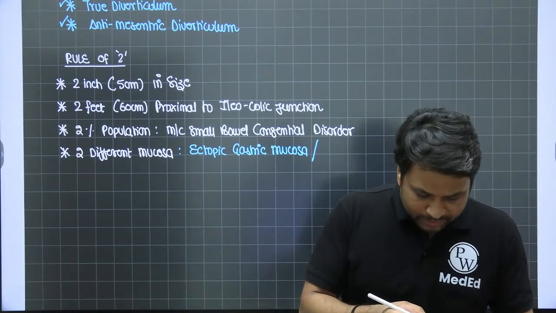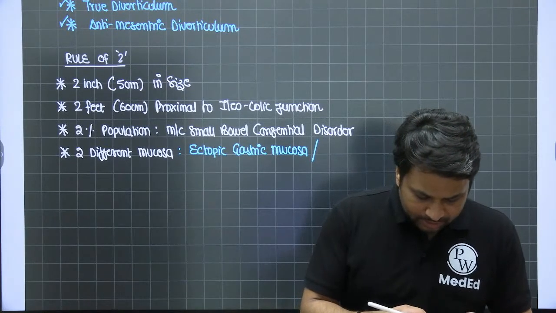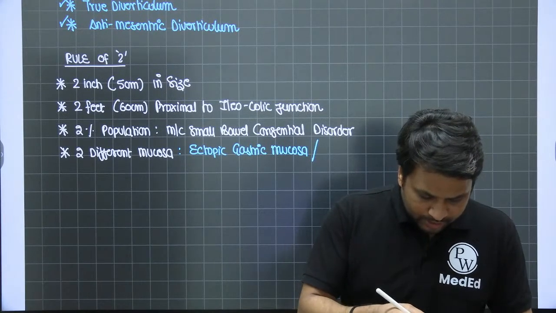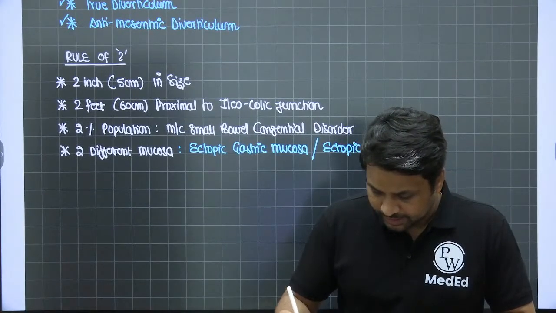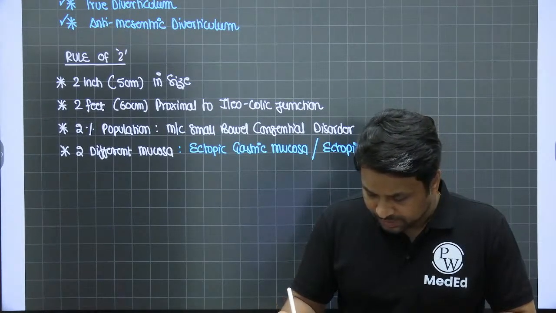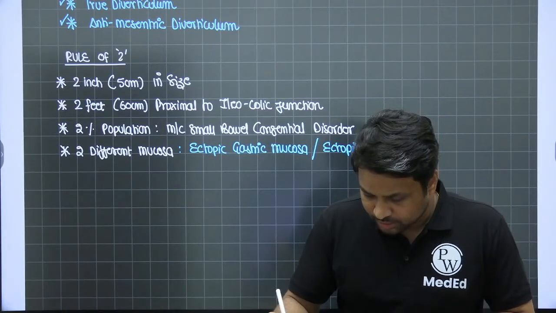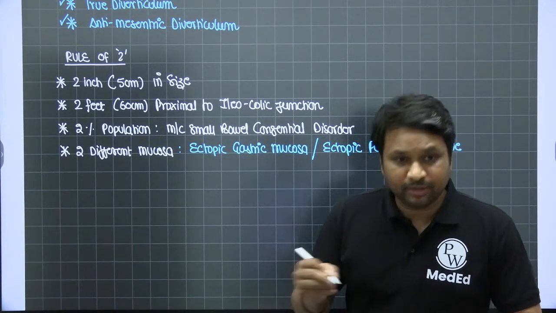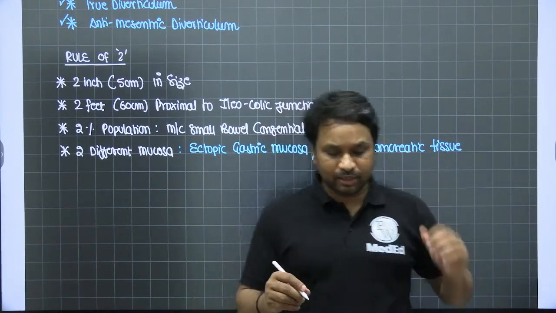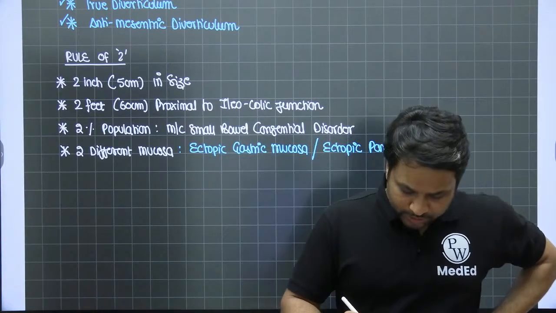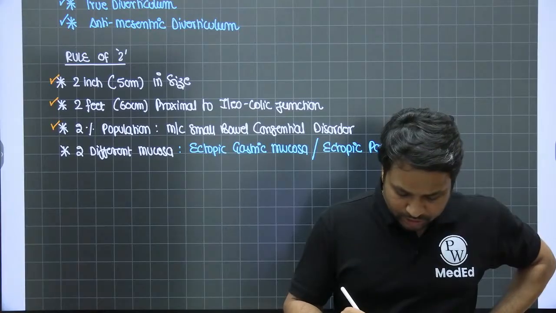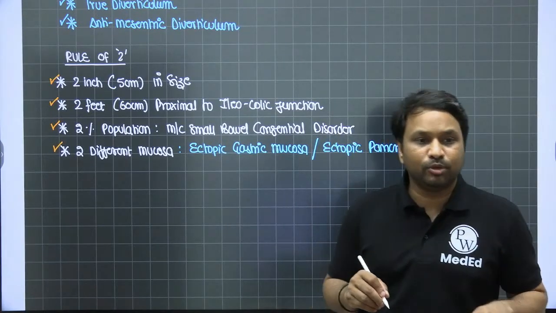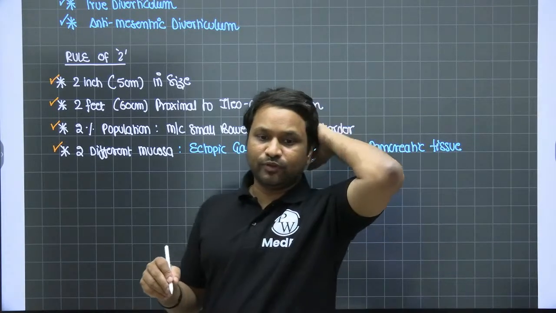It can also present with pancreatic mucosa, that is ectopic pancreatic tissue, right? So it is 2 inches in size, 2 feet proximal to the IC junction, present in 2% of the population, and it can consist of two different mucosa.